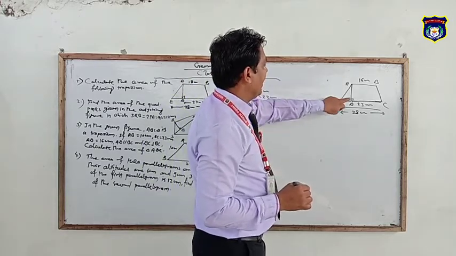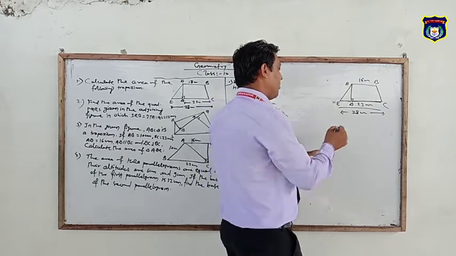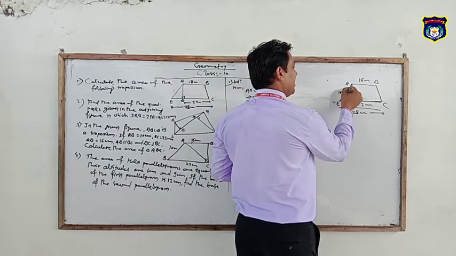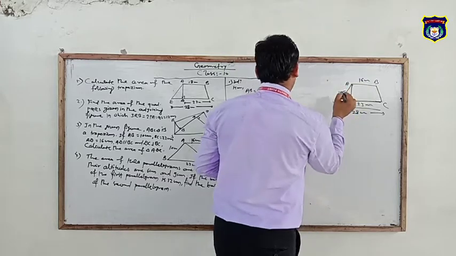After that, in triangle ADE, there is ED is 5 centimeter and this is 10 centimeter. Then we can find the measure of AD.